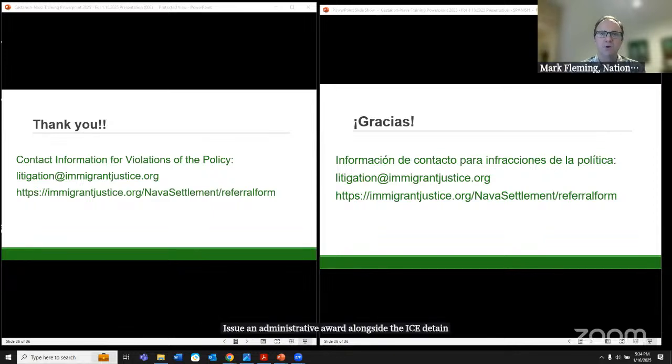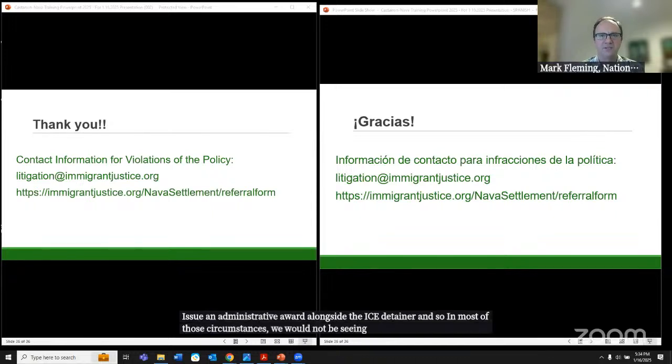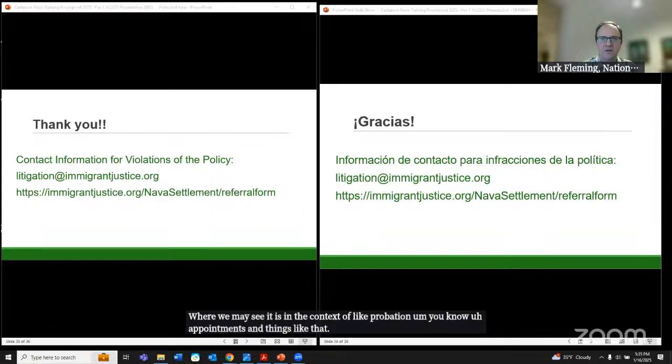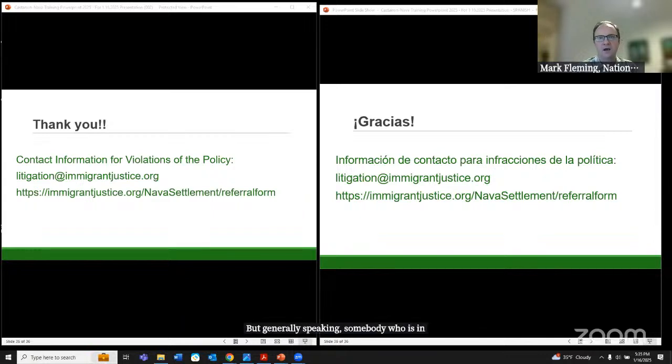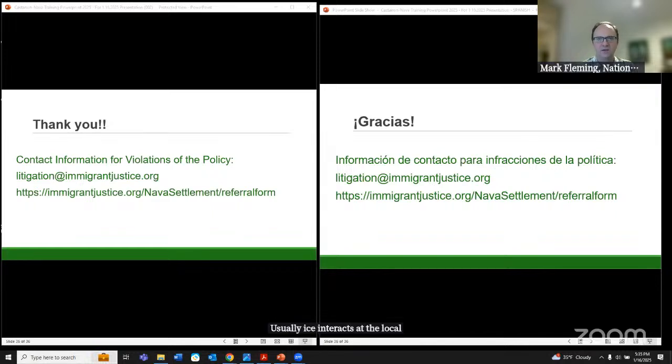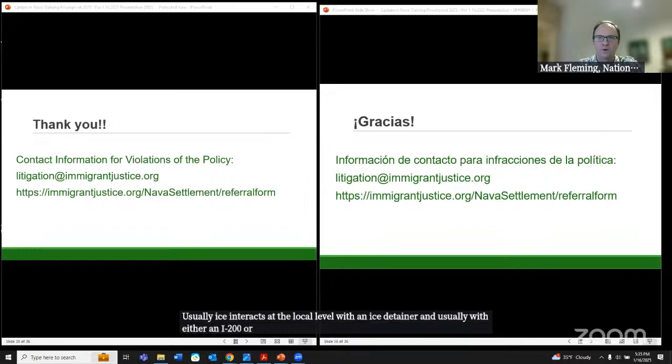And so in most of those circumstances, we would not be seeing violations of this policy if they're in custody of local law enforcement. Where we may see it is in the context of probation appointments and things like that. But generally speaking, somebody who is in local custody, pending criminal charges or a criminal arrest, usually ICE interacts at the local level with an ICE detainer, and usually with either an I-200 or an I-205 administrative warrant.